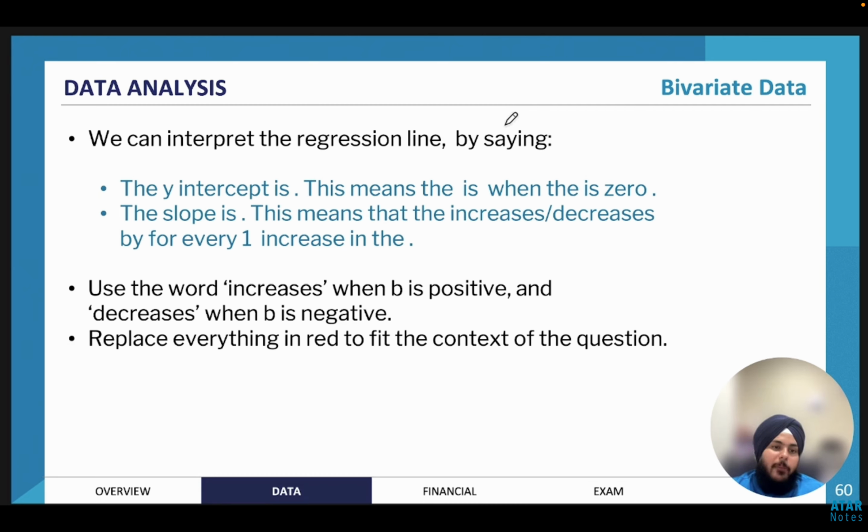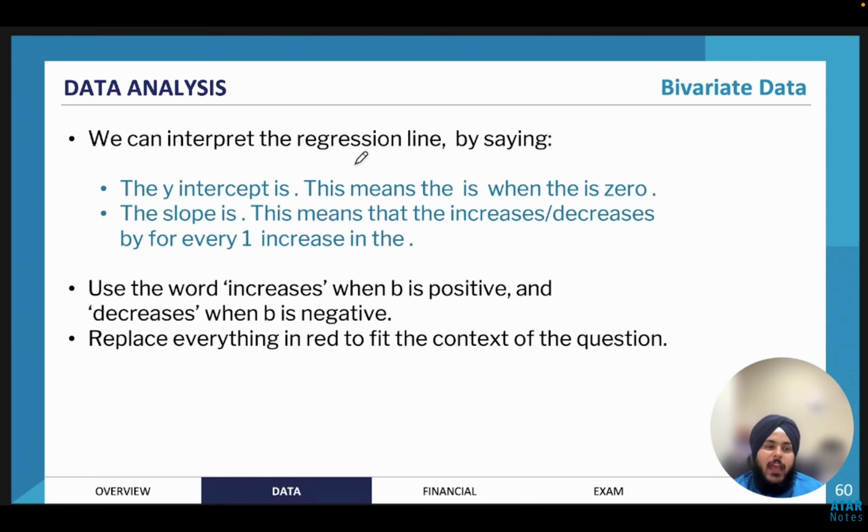We can also interpret the regression line, and VCAA will get you to do this. They will ask you to interpret what the y-intercept is and what the slope is. The y-intercept is essentially what the response variable is going to be if the explanatory variable is 0.